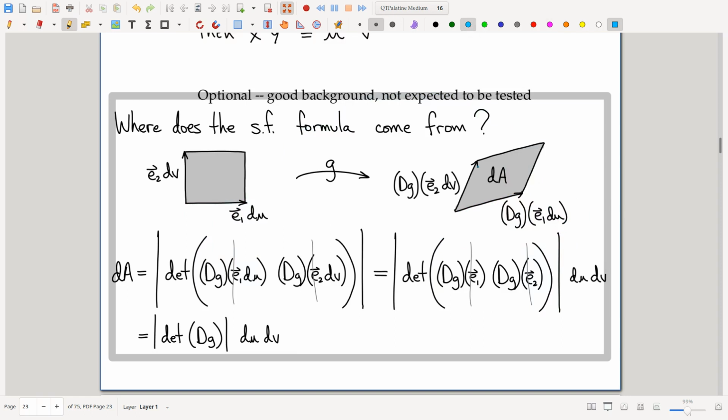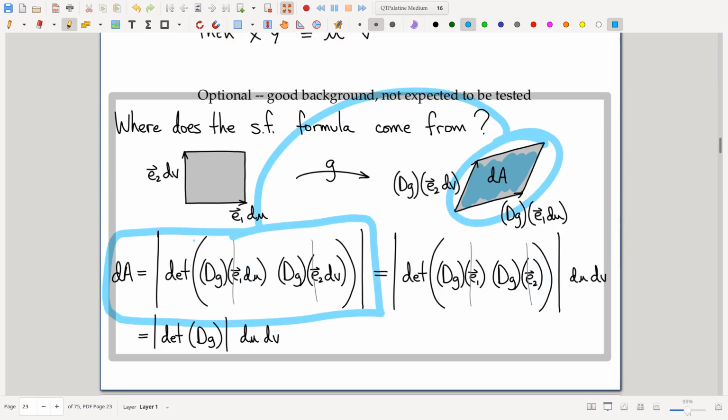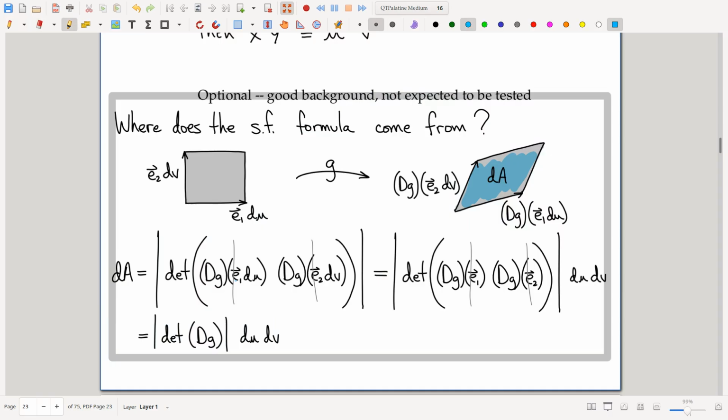Then we can argue that this area is just the area of a parallelogram in the plane. We know that's done with determinants. And now you've got a little bit of a linear algebra problem. This is a good exercise. Again, come talk to me if you get stuck, but you can rewrite that like so. And now check it out.